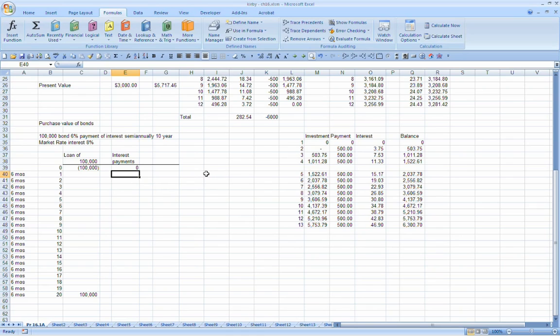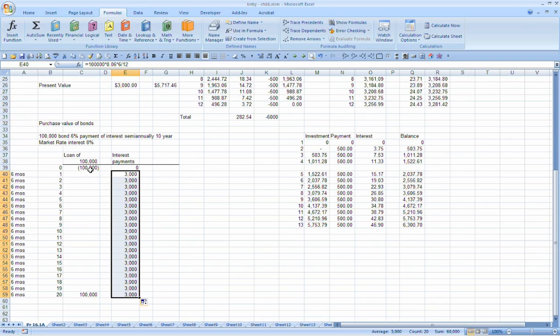Principal times interest times time is plus 100,000 times 6%. How long did they borrow the money for? 6 months out of 12. So I'm going to get $3,000 in interest every 6 months. They will send me a check. Okay? Every 6 months for the whole life of the bond, 20 periods or 10 years.